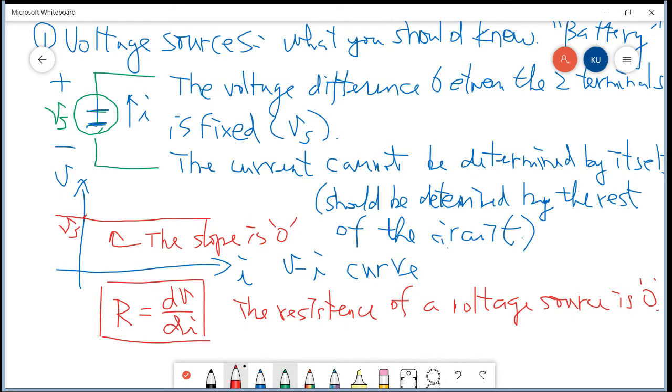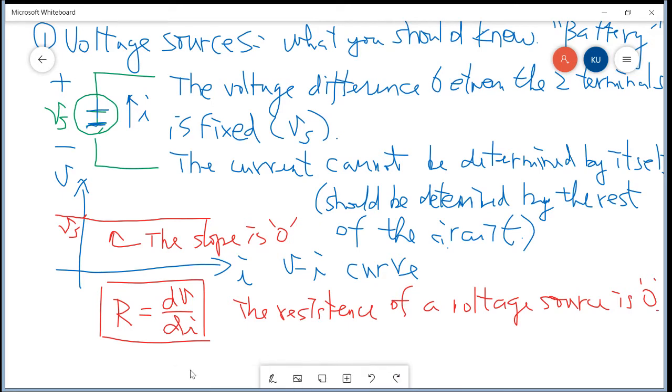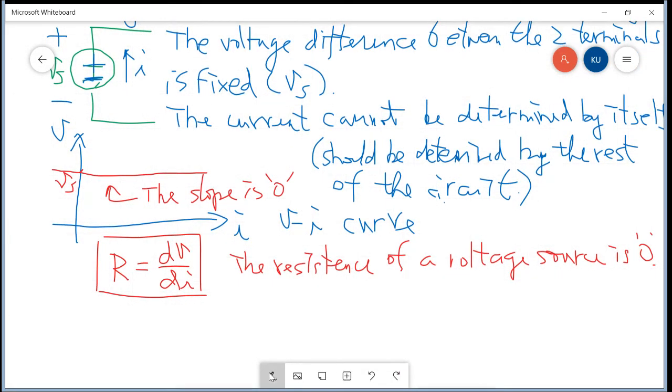And thus, if we want to apply the superposition principle, which I'll mention a bit later, we'll turn off some of the sources as we want to.